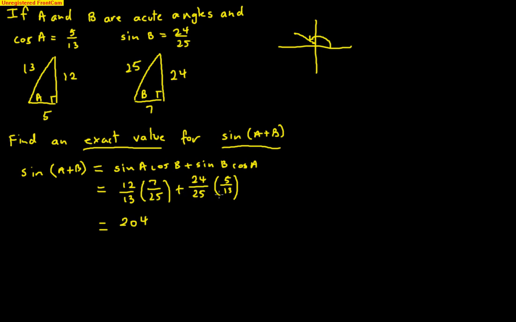Alright, 13 times 25 should be a common denominator for both of them, and then at the top. But I'm just going to skip ahead a little bit and tell you that it is 204 over 325. Okay, so using our sum formula and using right angle triangles.